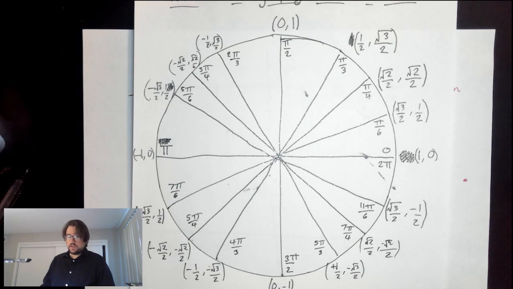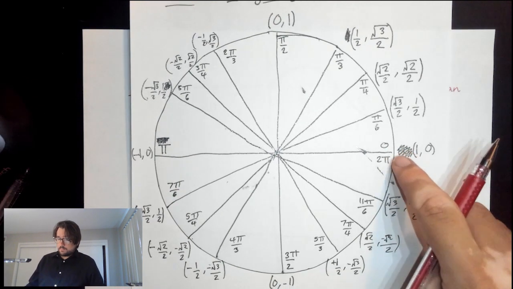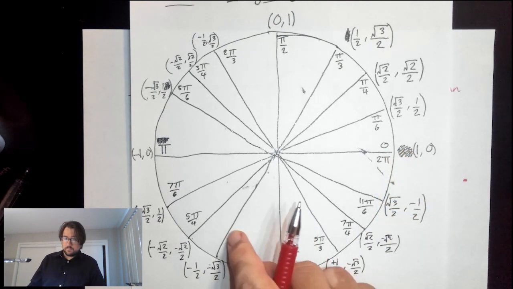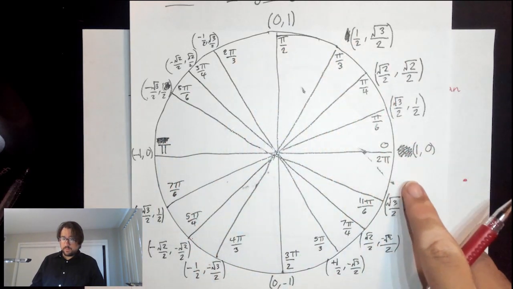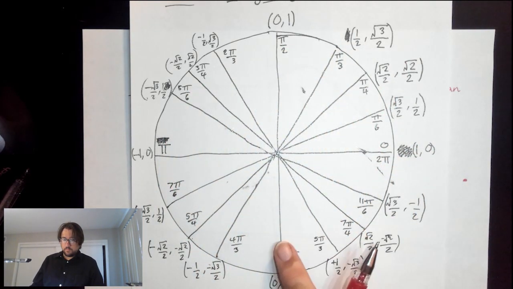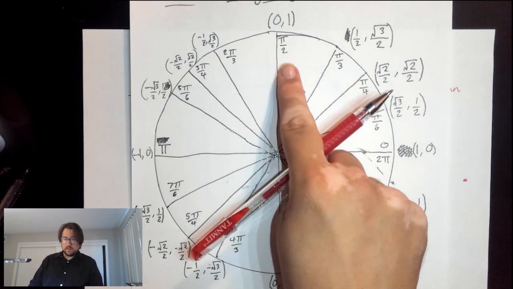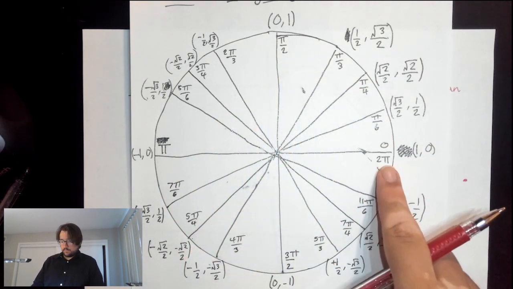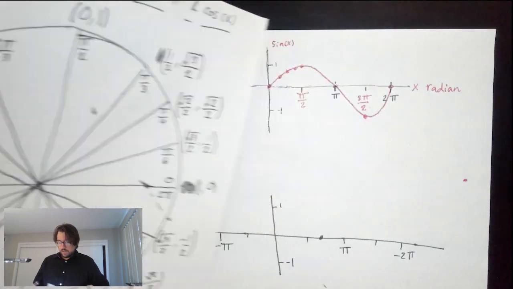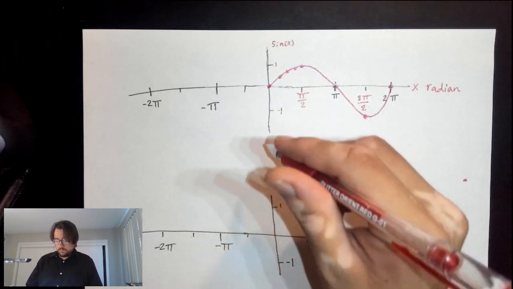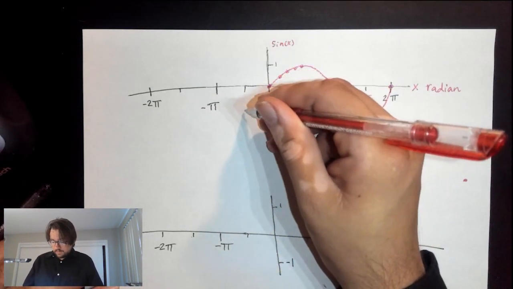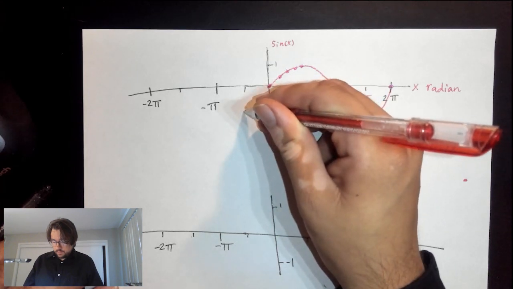And because we know the unit circle goes the same way backwards, where this would be 0, this would be negative pi over 2, negative pi, negative 3 pi over 2, and negative 2 pi, I can plot those values as well. So at negative pi over 2, it would be -1.